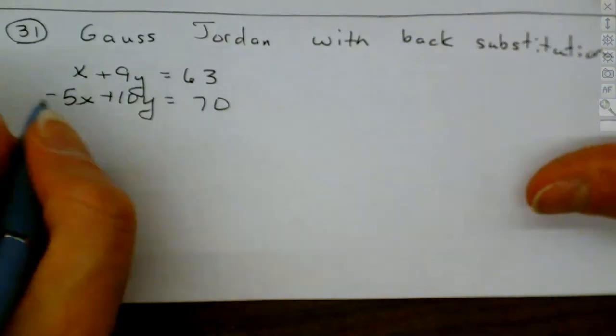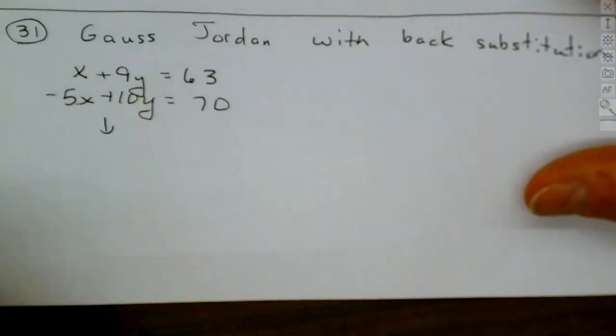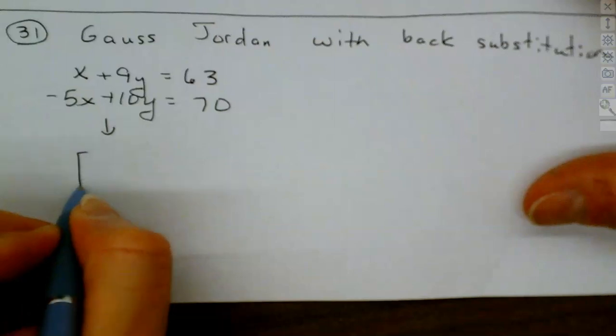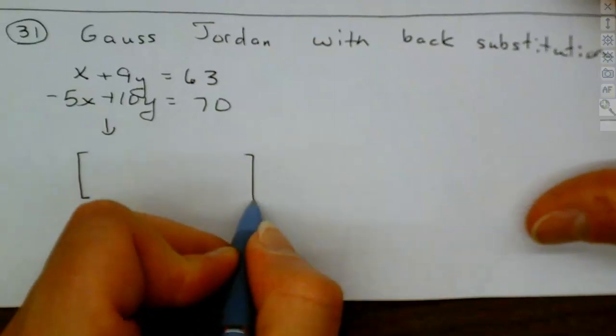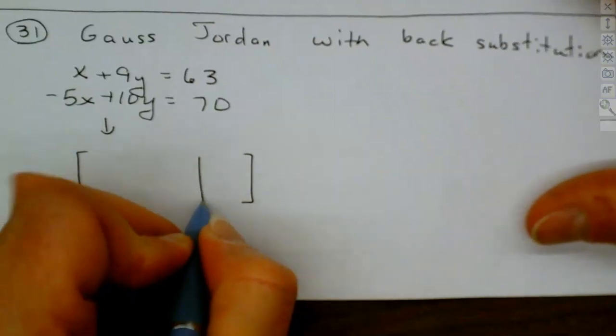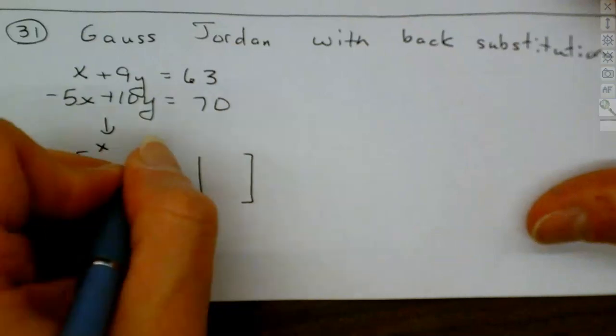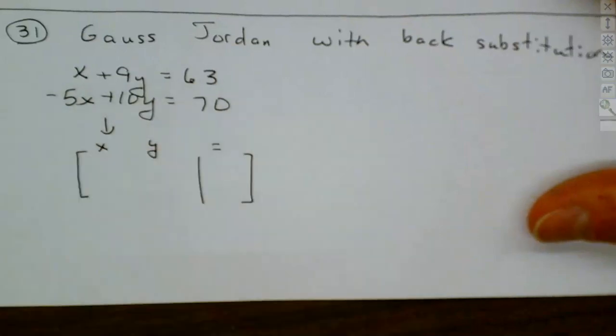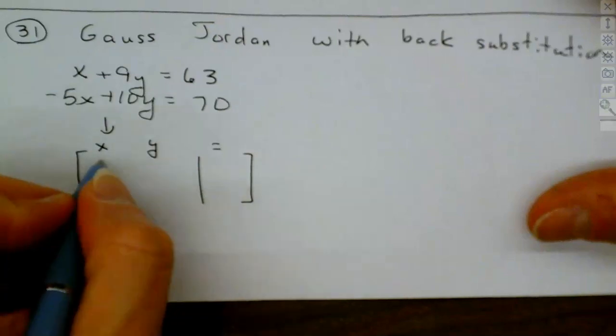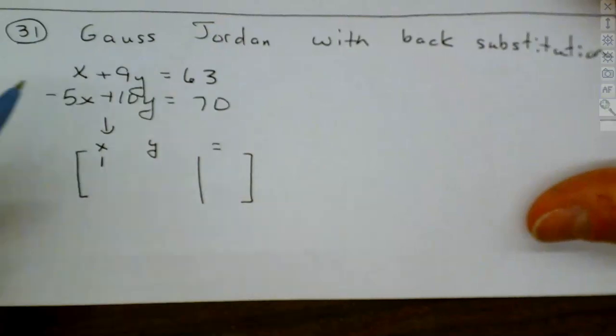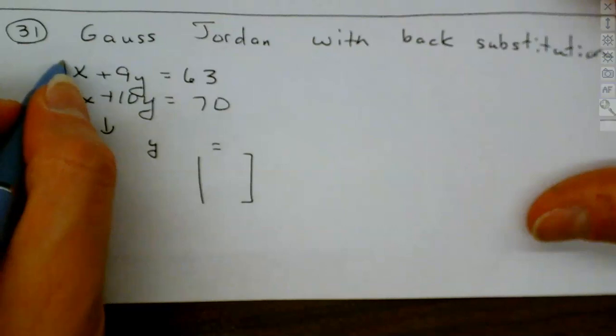So what is it going to look like? Well, let's rewrite this in terms of a matrix. Gauss-Jordan uses a matrix. We have our vertical line there. This is your x, this is your y, and this is the equal sign. So what's going to go here is 1x, because there's no number there, but we know that's a 1, right?